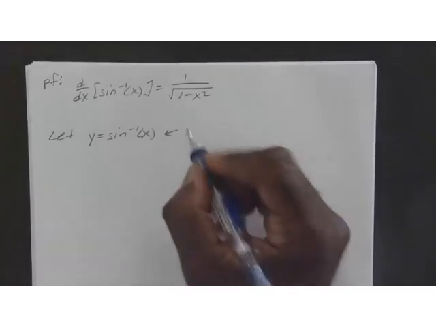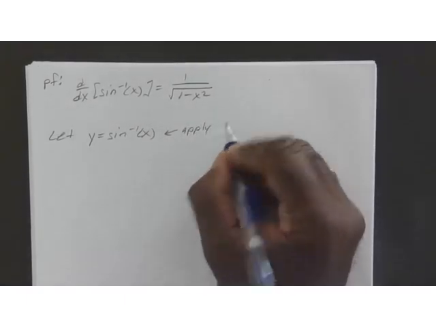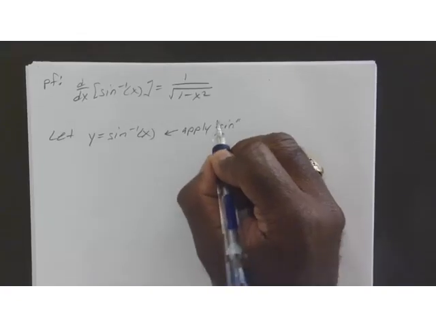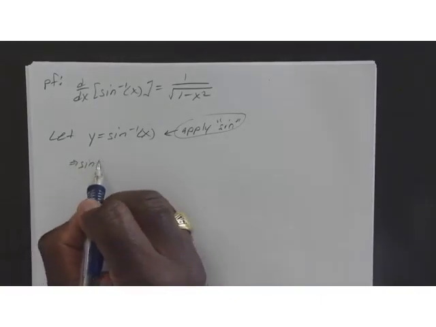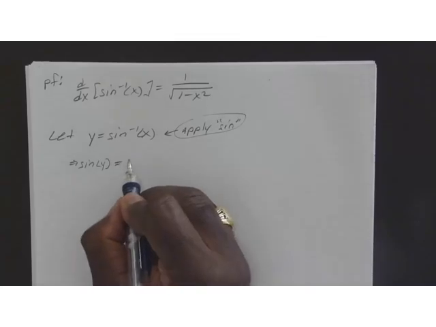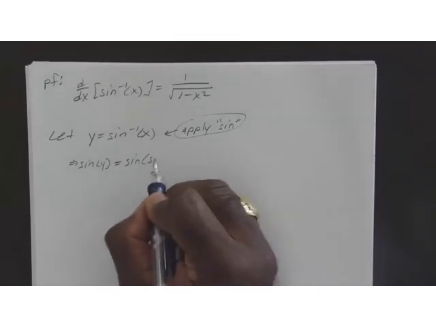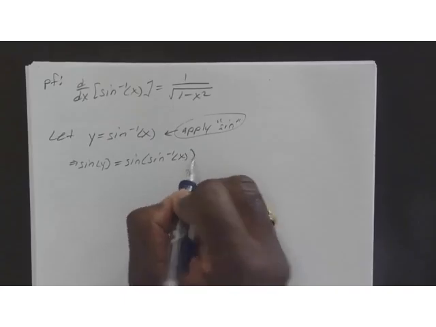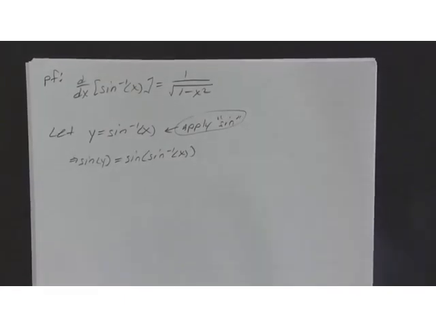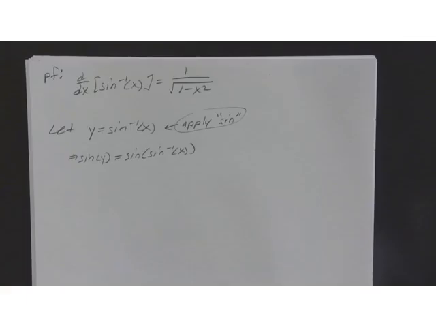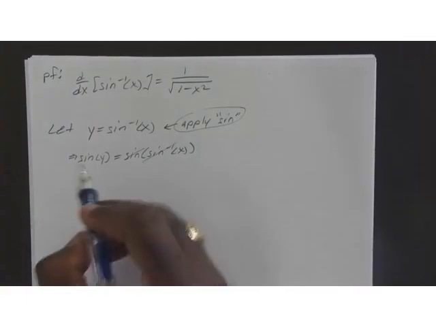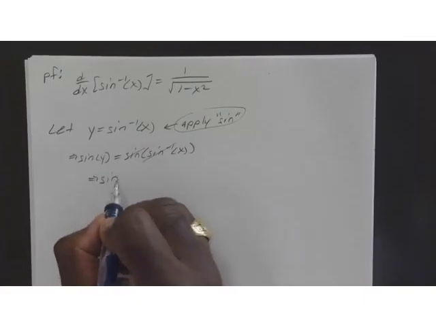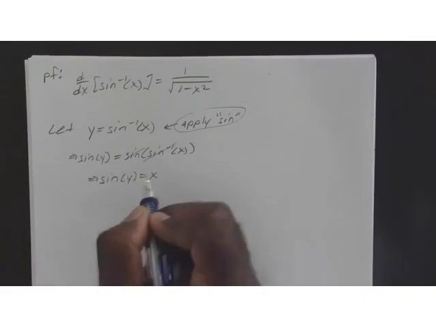So in this case, we're just going to apply sine to both sides. So that gives us sine of y is equal to sine of sine inverse of x, where the sine and the sine inverse cancel each other out. So we know that sine of y is equal to x.